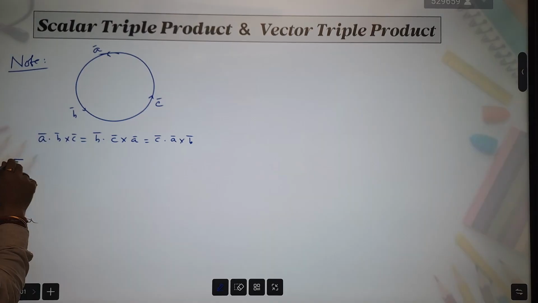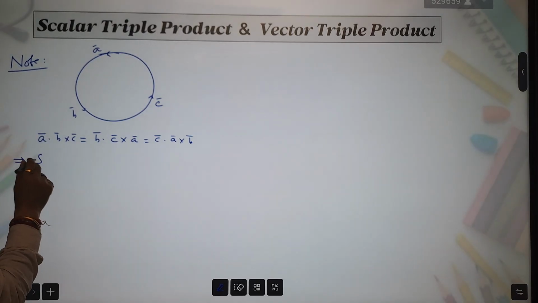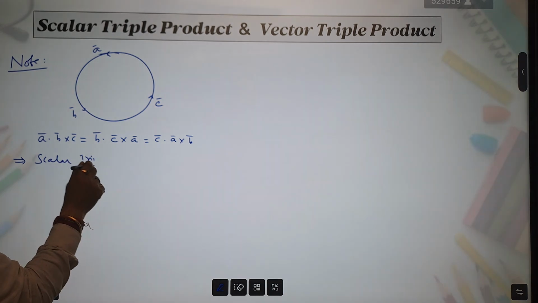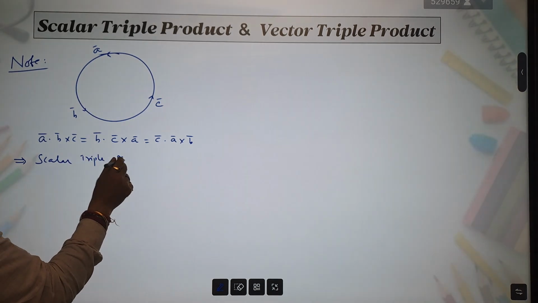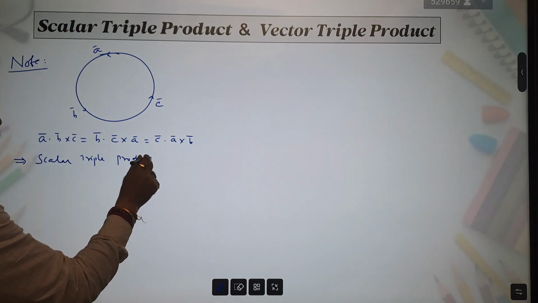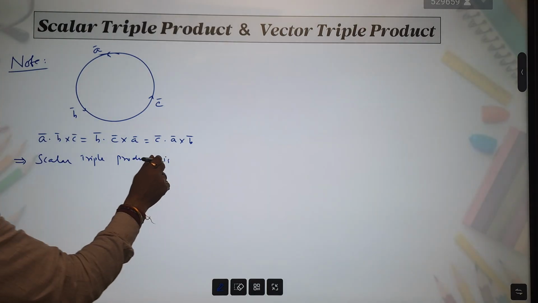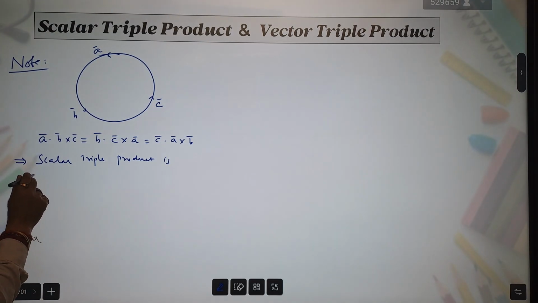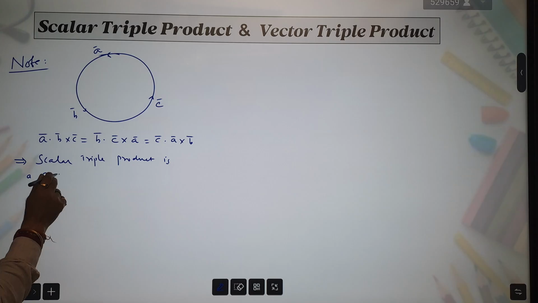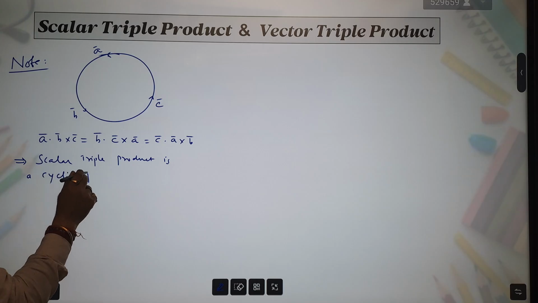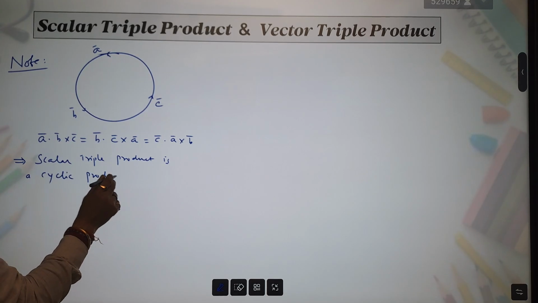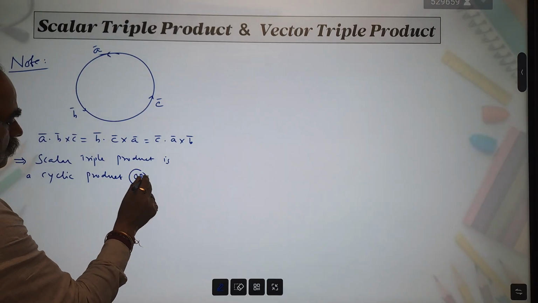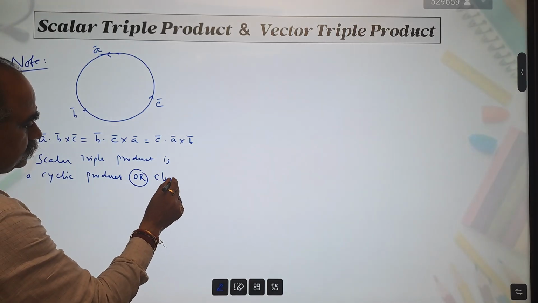So this implies a scalar triple product is a cyclic product or closed product.